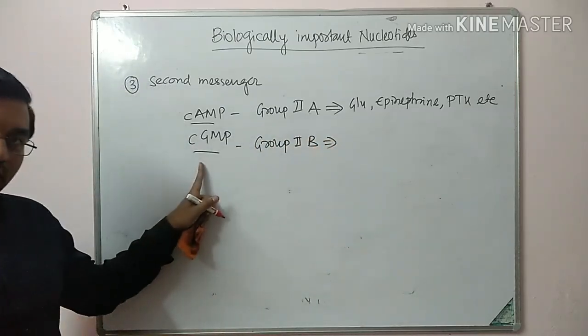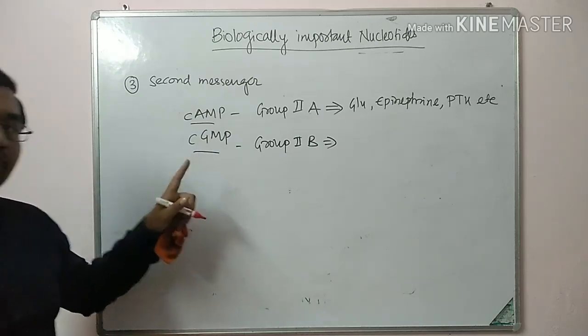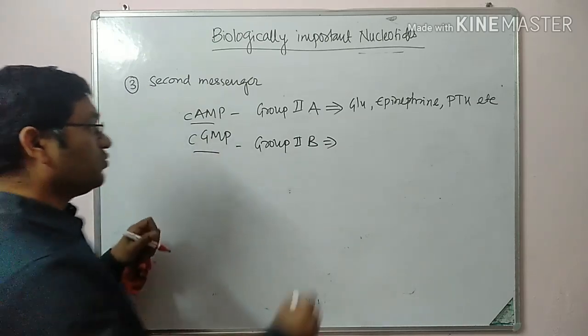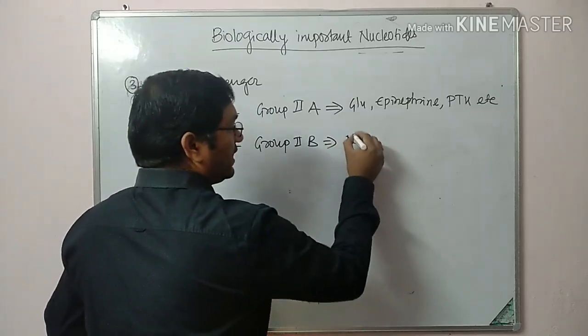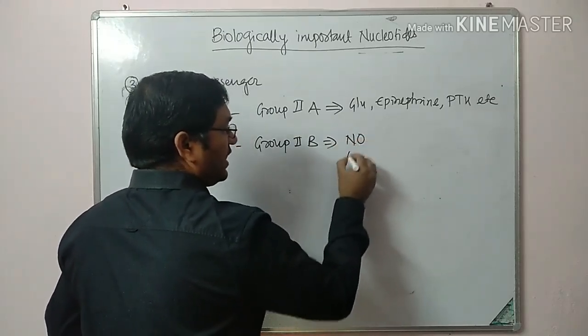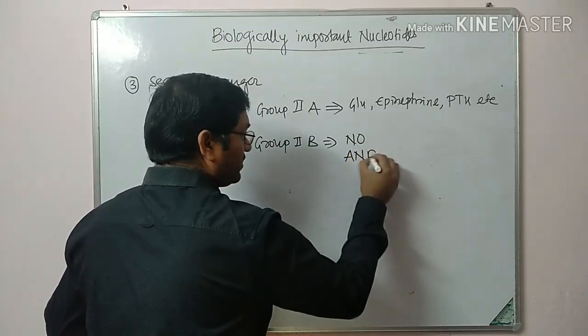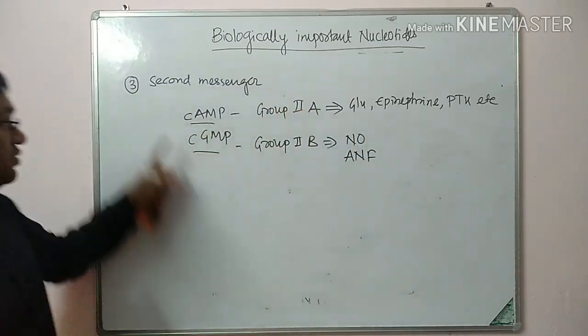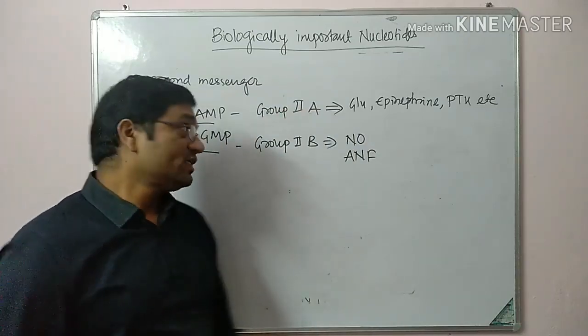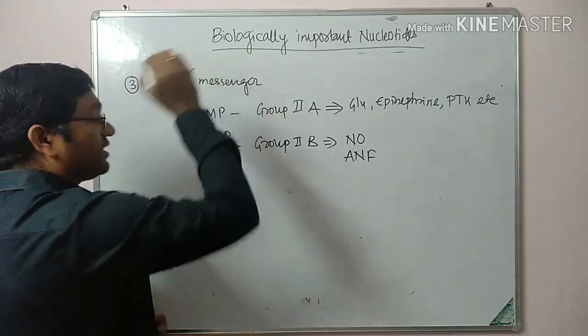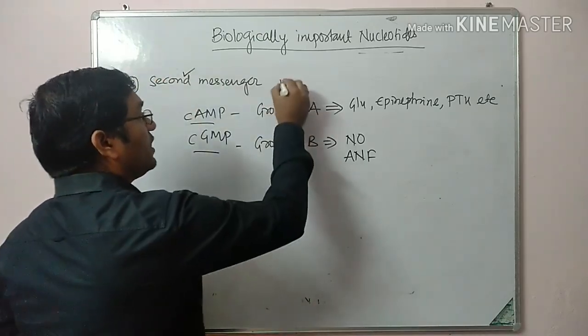It is important in the mechanism of hormones, for example nitric oxide and atrial natriuretic factor. So the third important function of nucleotides is they act as a second messenger in hormone action.